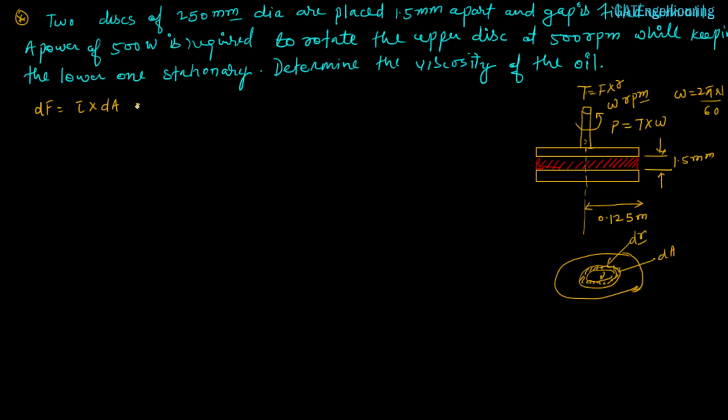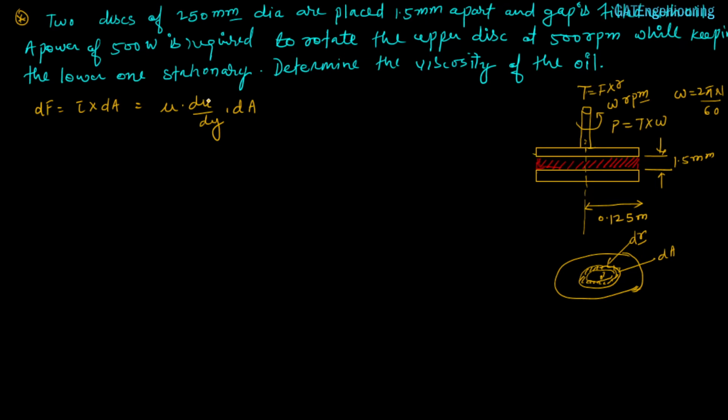What we know, because it is a Newtonian fluid, shear stress is mu into du upon dy, the change in velocity with respect to change in height in the vertical direction. Velocity of this disk is 0, velocity of this is 500 rpm.